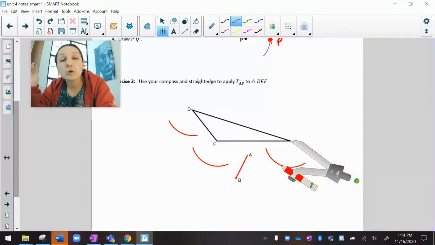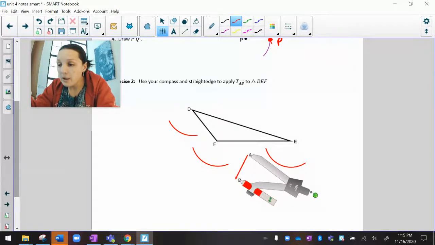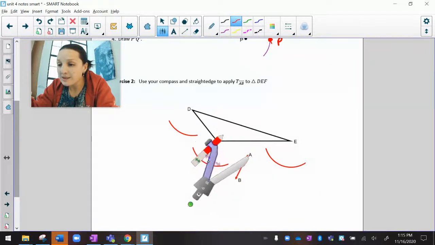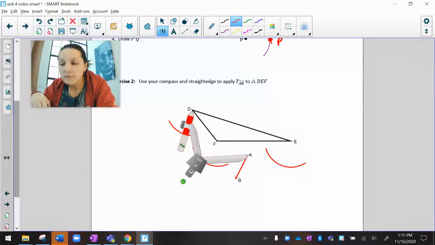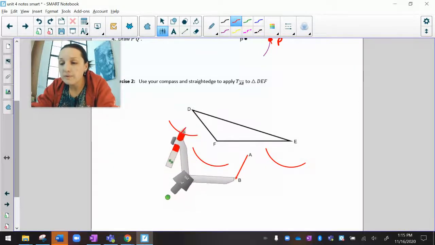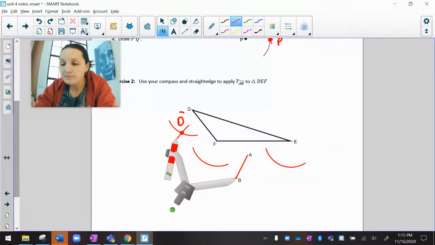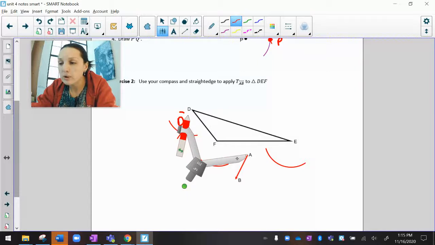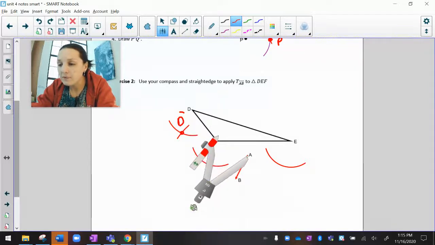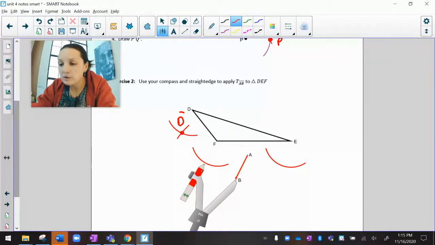Then anchor your triangle to your translation vector and slide. So pokey part on A, pencil part all the way up here on D, then slide down the vector, arc to intersect. That's D prime. Pokey part on A, pencil part on F. Slide down the vector, draw your intersection.